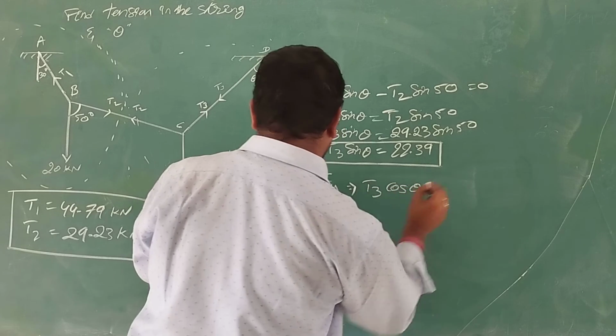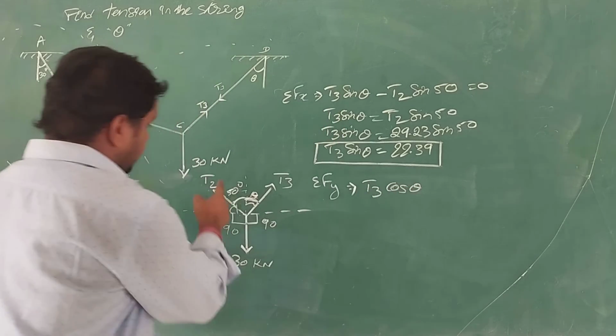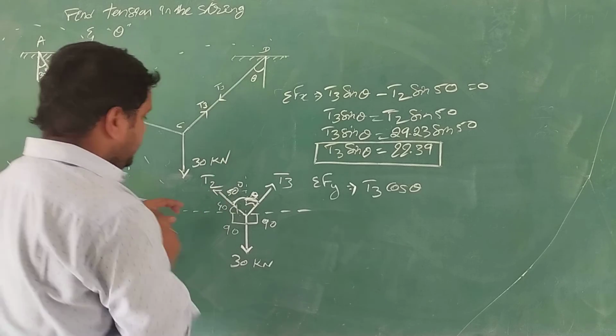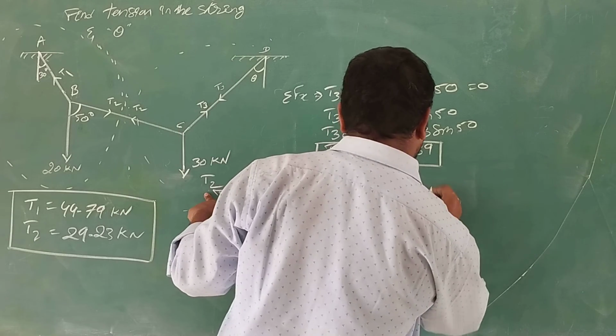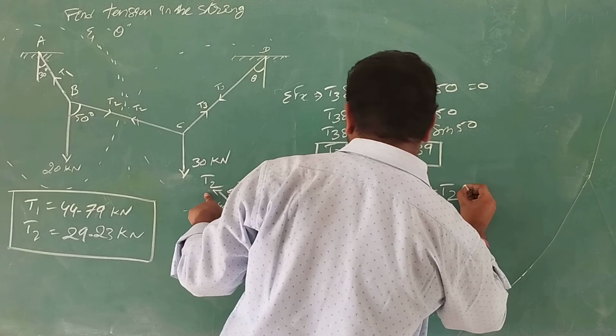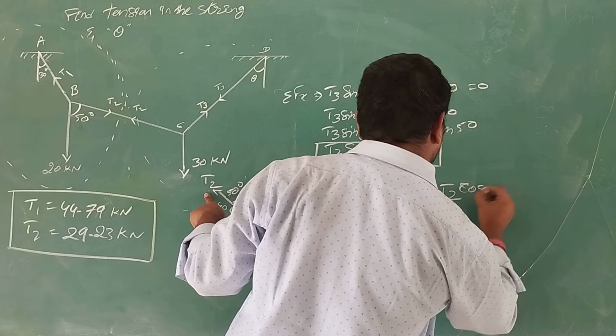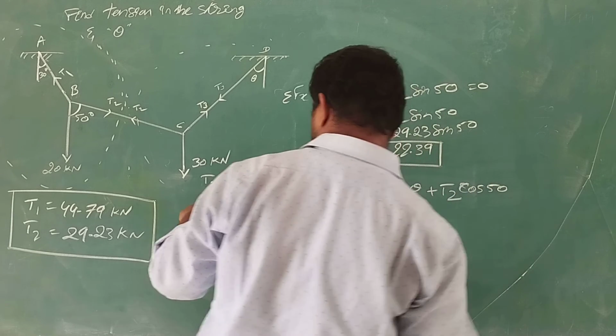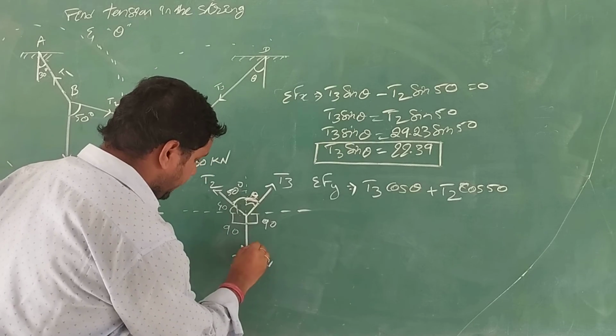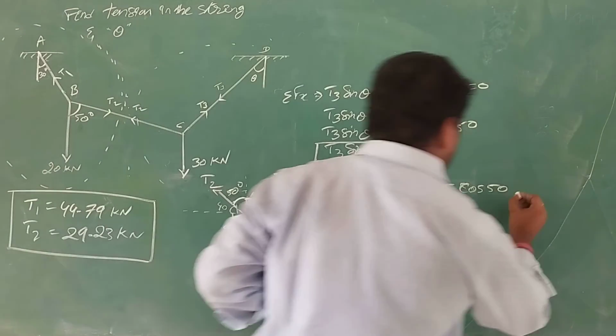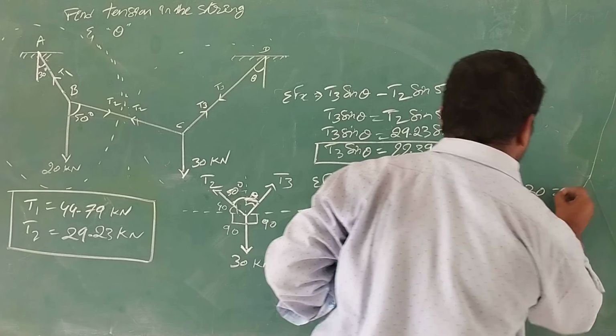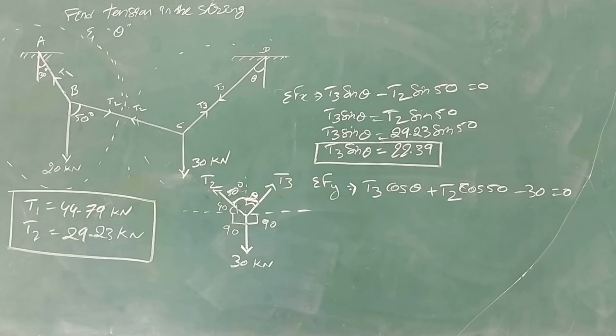T3 cos theta, in this quadrant my y is positive, plus T2 cos 50, there is a weight vertically downward, means negative, minus 30 is equal to 0. Check it over. Any doubt?